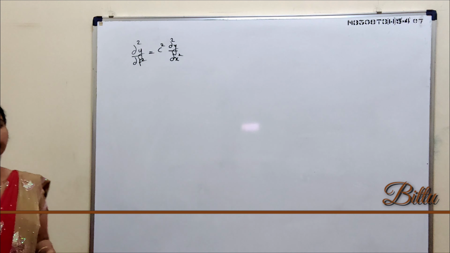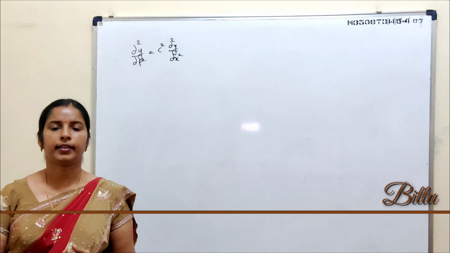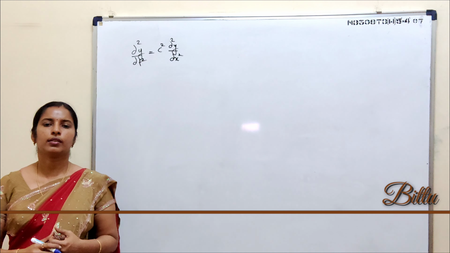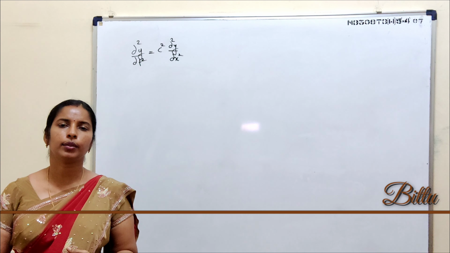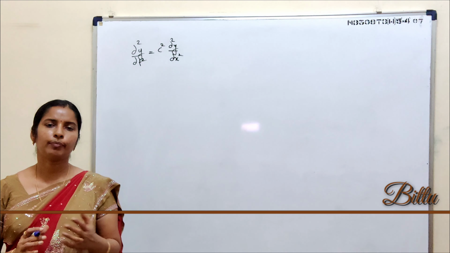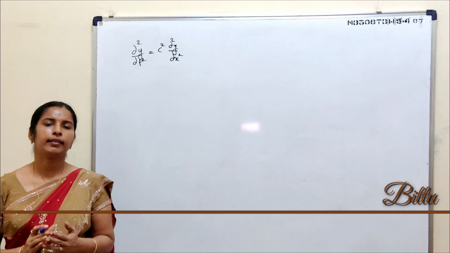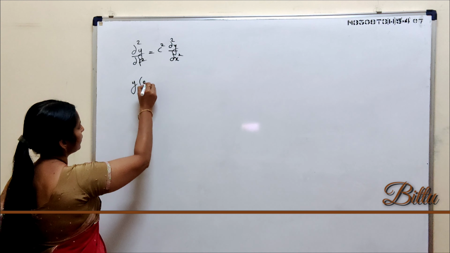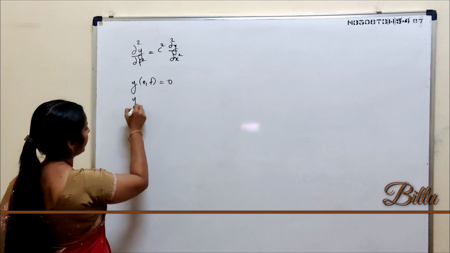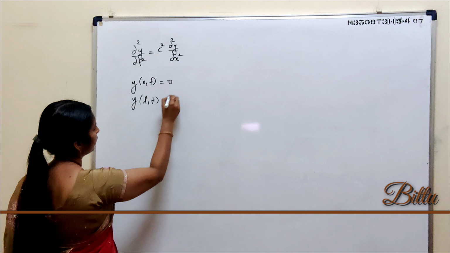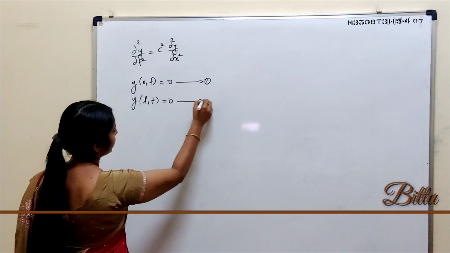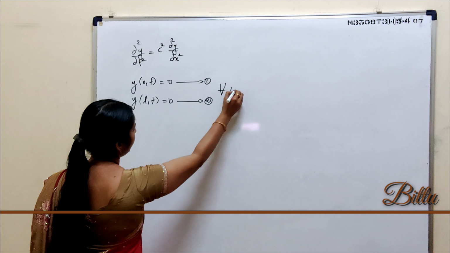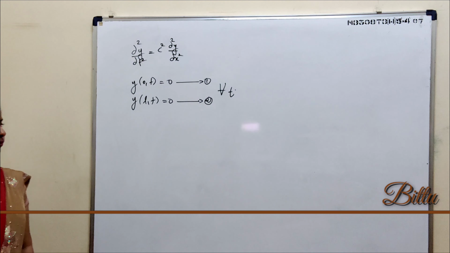Here the boundary conditions are, from the first sentence, a tightly stretched string with the fixed endpoints x equal to 0 and x equal to L. It is very clear the length of the string is L. So the boundary conditions are y of 0,t equal to 0 and y of L,t equal to 0. That is equation number 1, this is equation number 2, for every t.